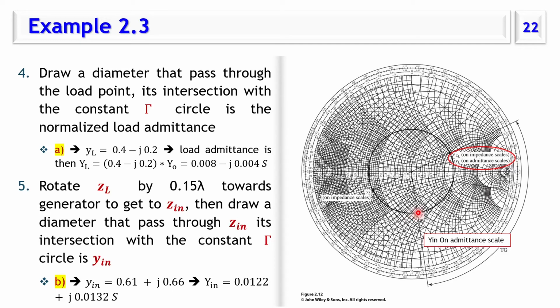If we want to find Y input on the impedance scale, we'll go for this point here. So this is Z input on the impedance scale. We move 180 degrees, and that would be Y input on the impedance scale. If we use just this one, we don't need to use the admittance scale, and you can verify the values using analytical solutions.